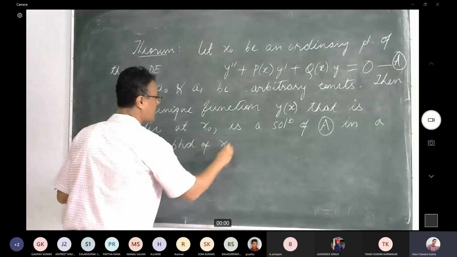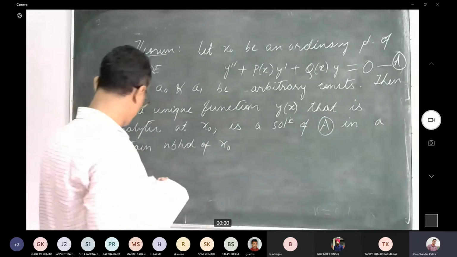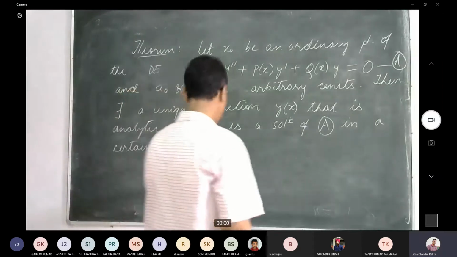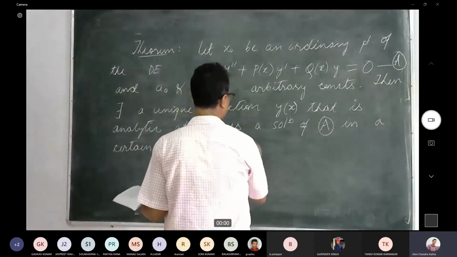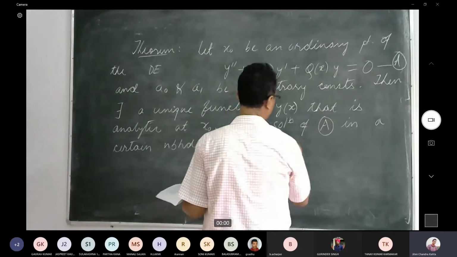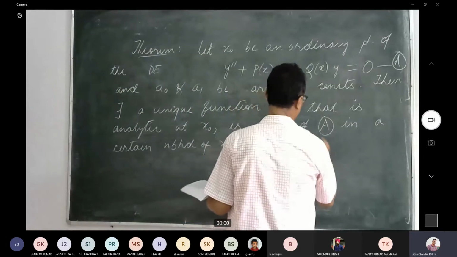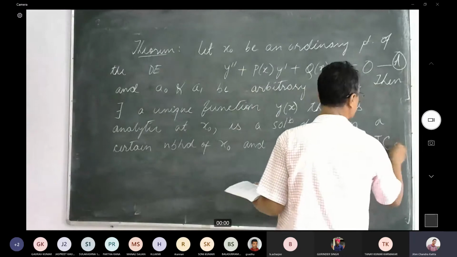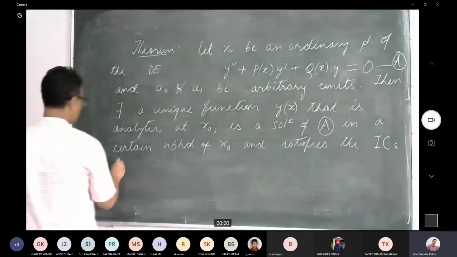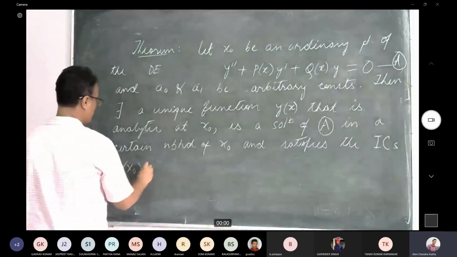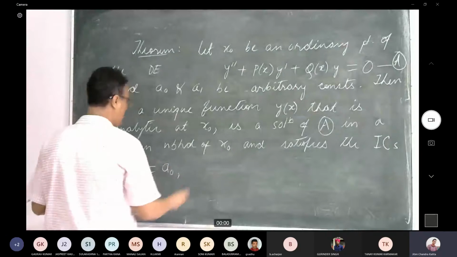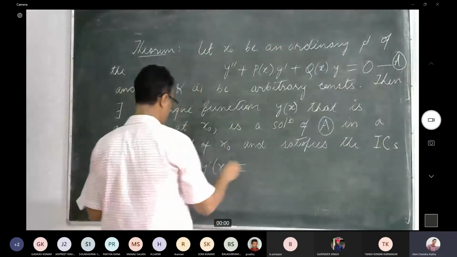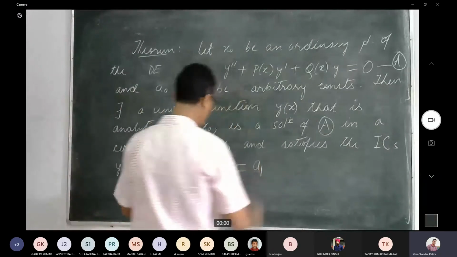And not only that, it also satisfies the initial conditions: y at x naught equals a naught, and y prime at x naught equals a1.